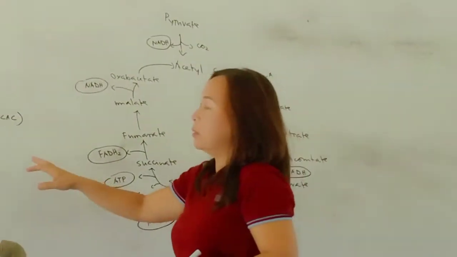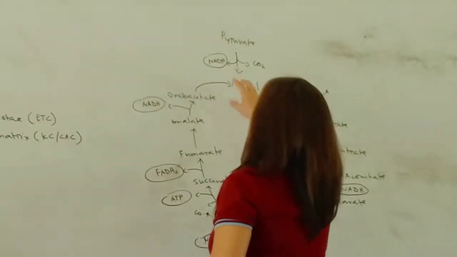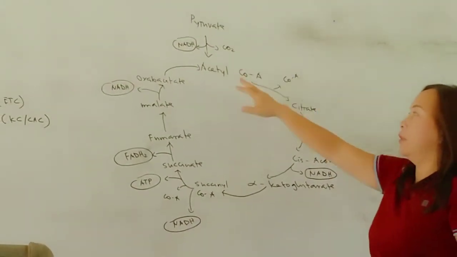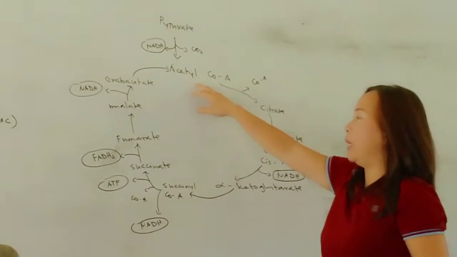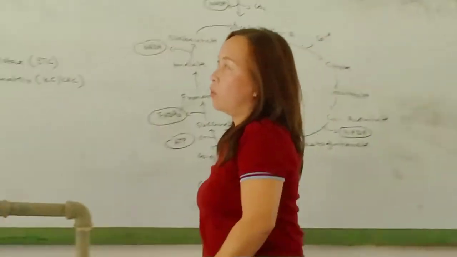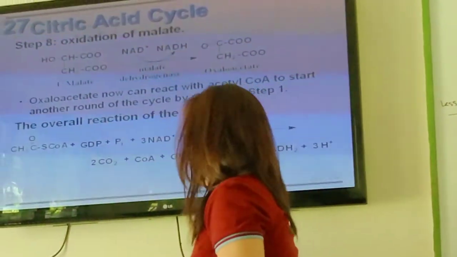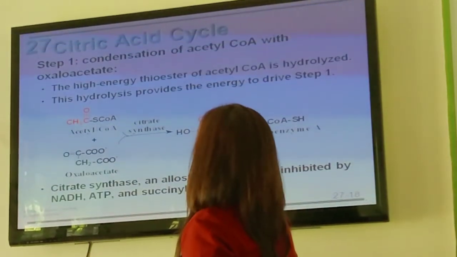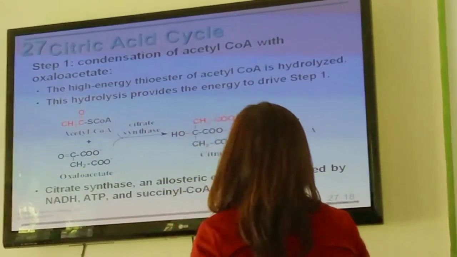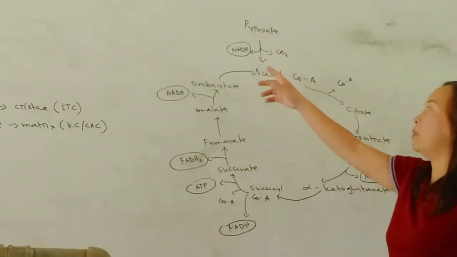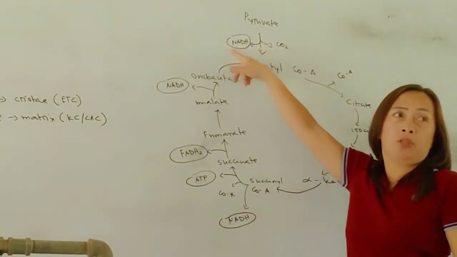Okay, so the pyruvate enters into the matrix, and of course, that will be acted upon by coenzyme A. So we have this, step 1, condensation of acetyl-CoA with oxaloacetate. When pyruvate is converted into acetyl-CoA, there is a release of NADH.